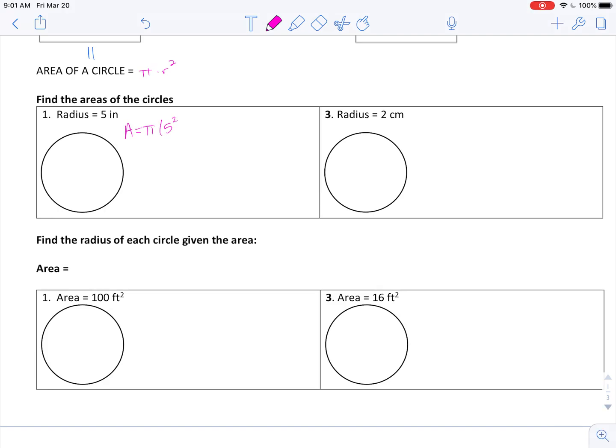So area equals pi times 5 squared. So area is 25 pi, or approximately 78.54 inches squared.